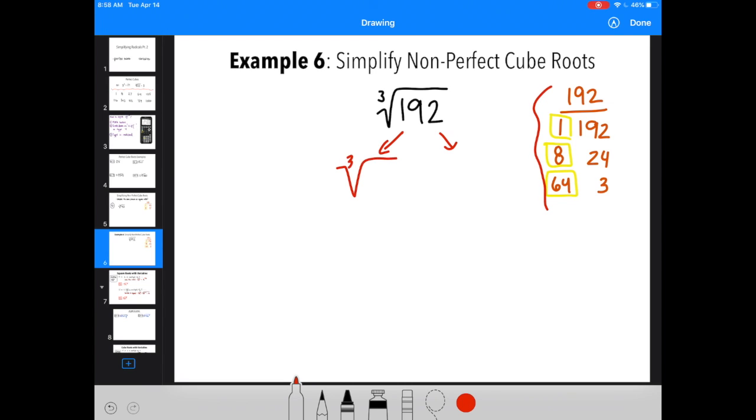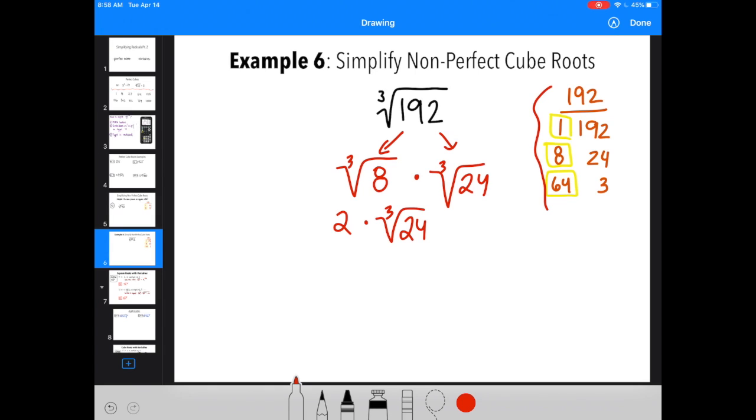So let's say I broke this up into 8 multiplied by 24. All right, I simplify 8. The cube root of 8 is 2. Multiplied by the cube root of 24.